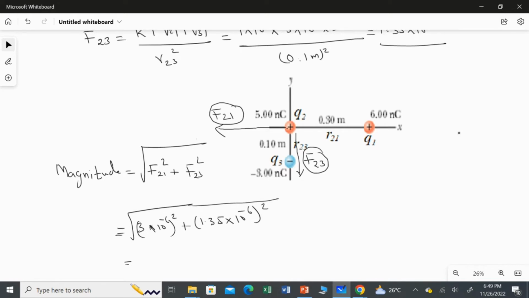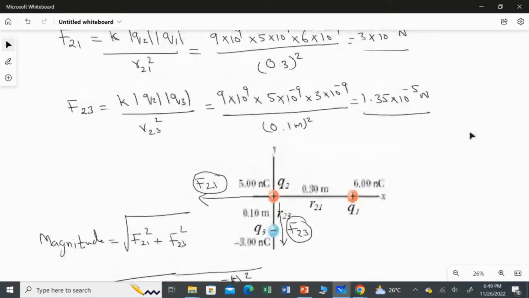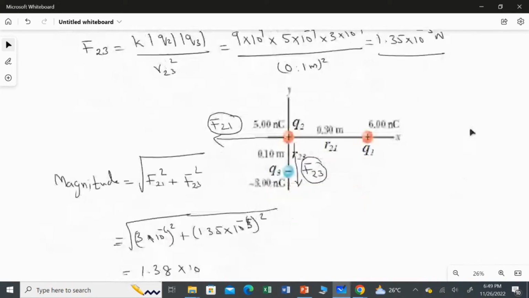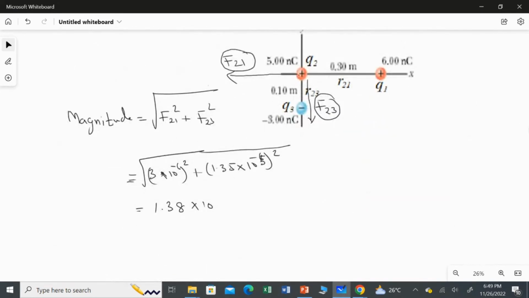Yeah, I got the answer as 1.38 multiplied by 10 power, this is not 6, actually this is 5. You can see this is 10 power minus 5. Initially I used 10 power minus 6, that's the reason I got a different answer. So 1.38 multiplied by 10 power minus 5 Newton. This is our magnitude value.